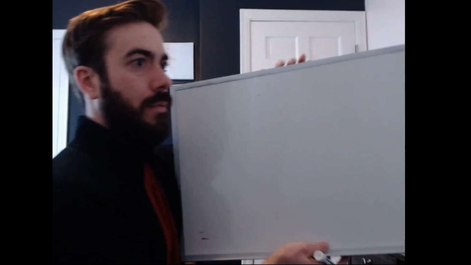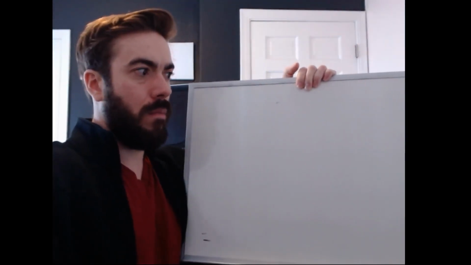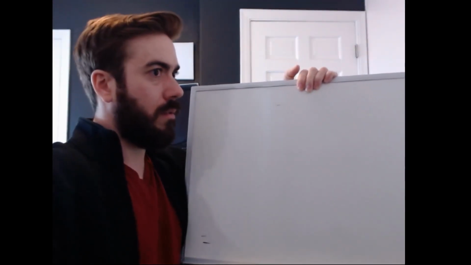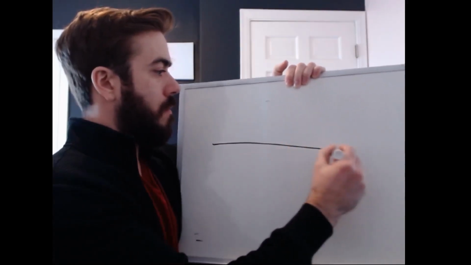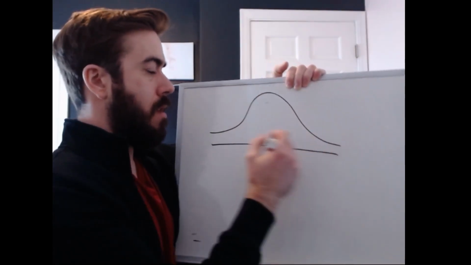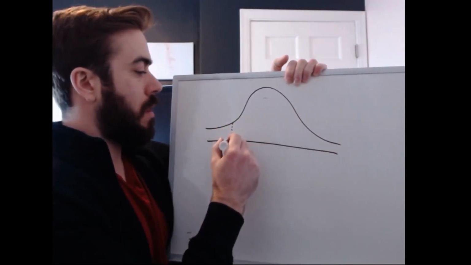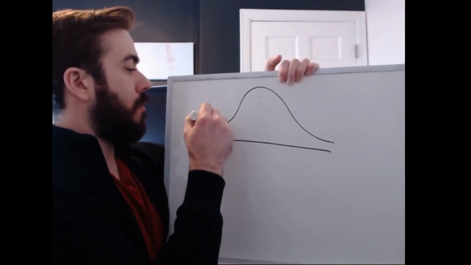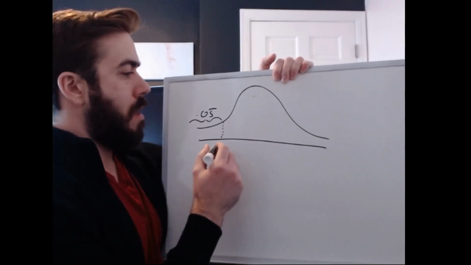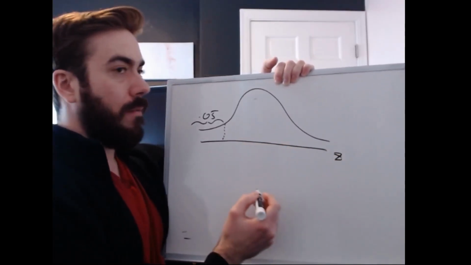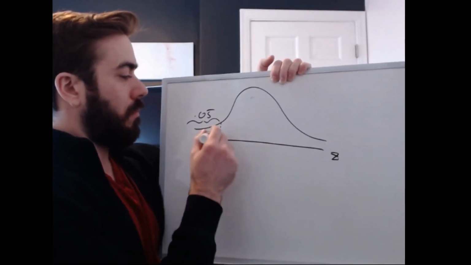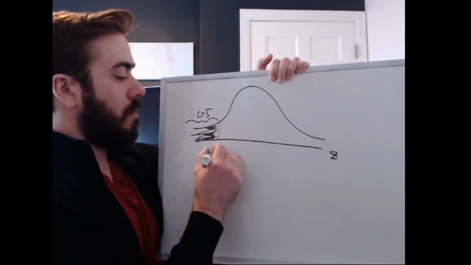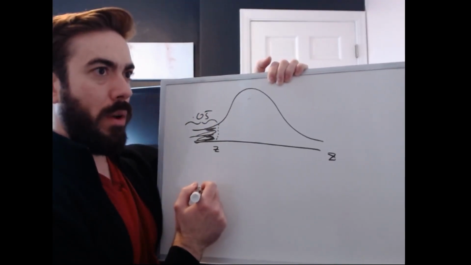If I have a left-tailed test, and I want this alpha, let's say of 0.05, I can find what z value would give me that 0.05.